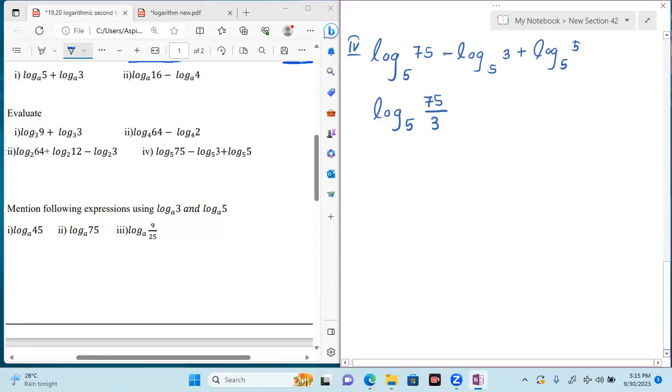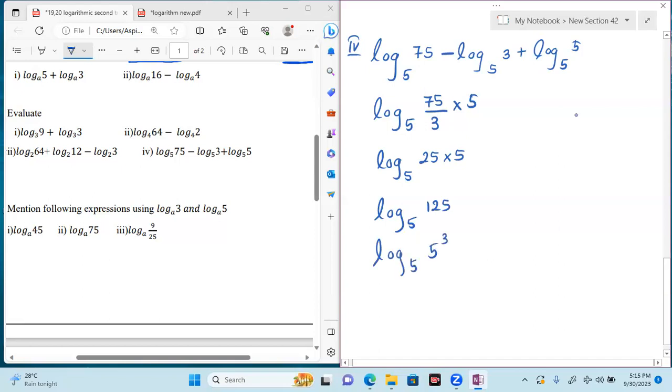Here division, then multiply because it is an addition. So multiply. So here 75 divided by 3, it is 25. 25 multiplied by 5, then it is 125. Then here 125 can be written as 5 to the power of 3.